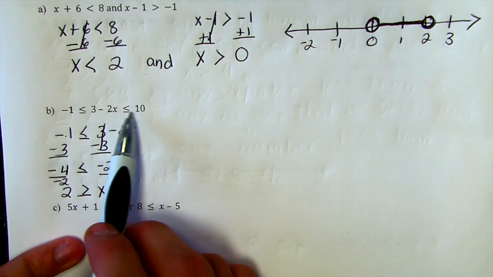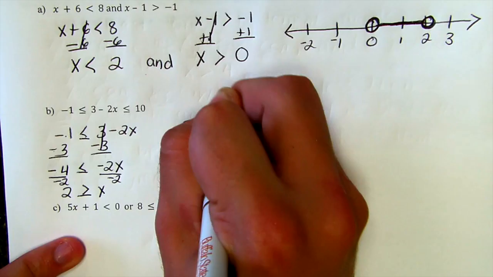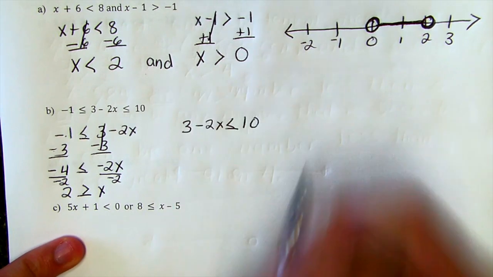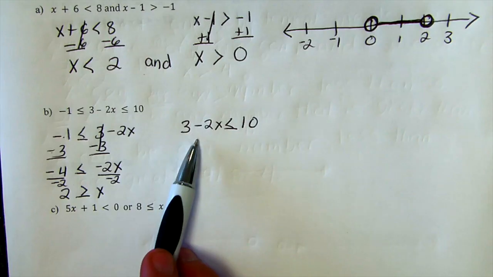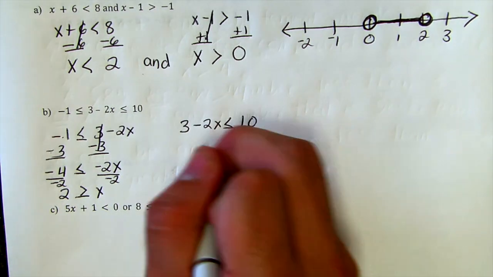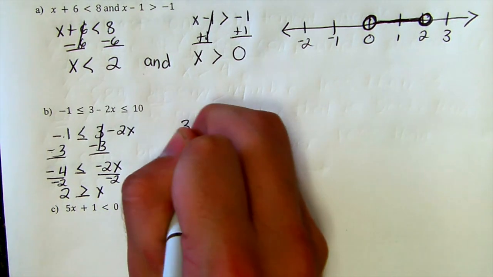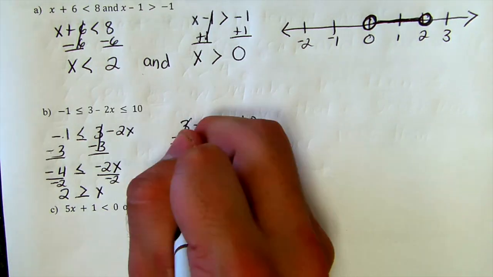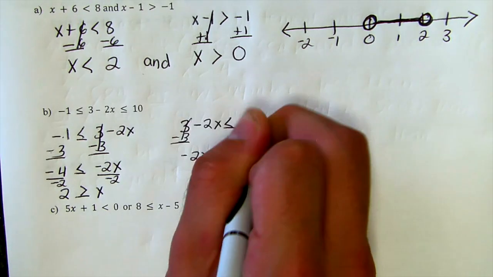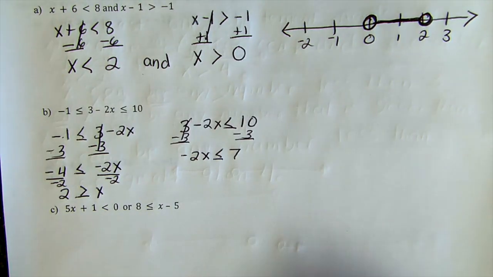Now let's look at 3 minus 2x is less than or equal to 10. So let's take the other case. We're going to use the same steps that we just did, except we'll have a different number. Here, we're going to subtract 3 on both sides. So we get that negative 2x is less than or equal to 10 minus 3, which is 7.